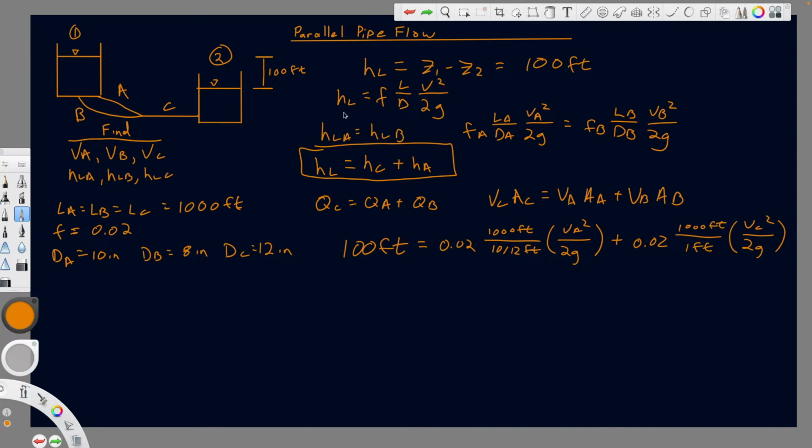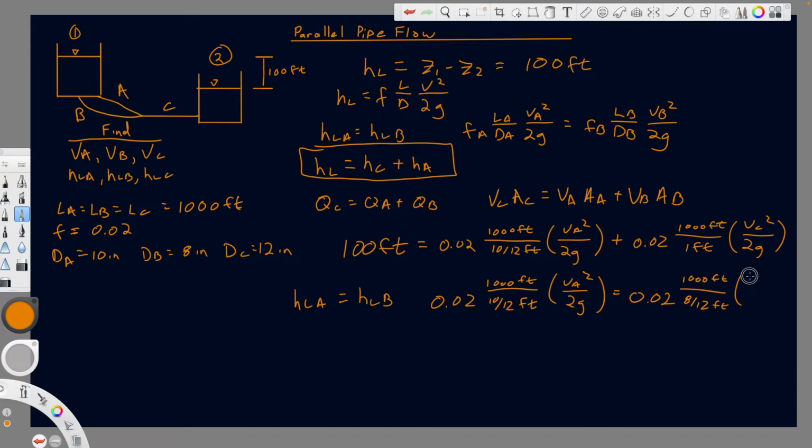Let's go with HLA equal to HLB, head loss of A equal to head loss of B. That's going to be, again, 0.02 times 1,000 foot over 10 over 12 foot, VA squared over 2G is equal to 0.02 times 1,000 foot times 8 over 12 VB squared over 2G.